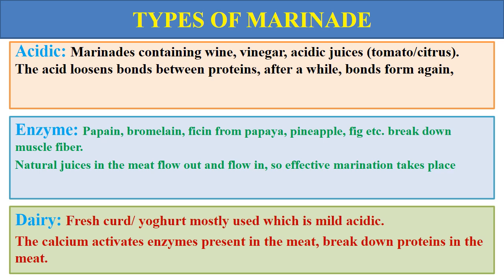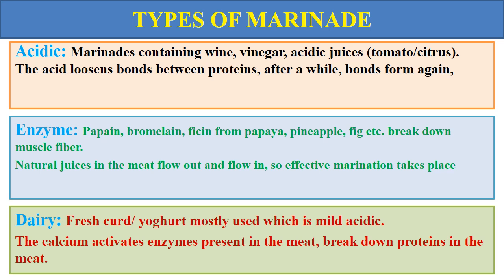They are plant origin proteolytic enzymes. So they can also be used as marinade so that meat becomes tender also. The natural juices in the meat flow out and flow in, and that becomes an effective marination and improves the juiciness also.